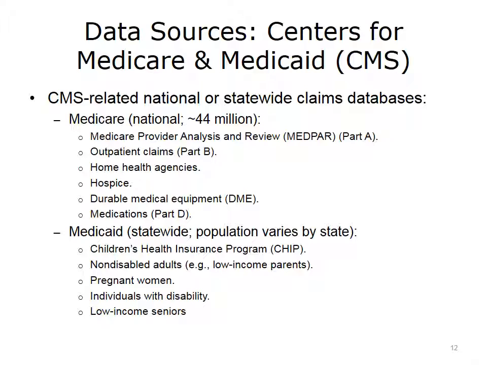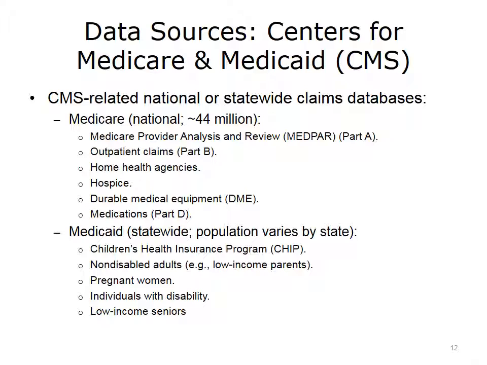Another population-wide database is the insurance claims reported to the Centers for Medicare and Medicaid Services, CMS. Medicare insurance claims include almost 44 million patients, mainly seniors, on a national scale.